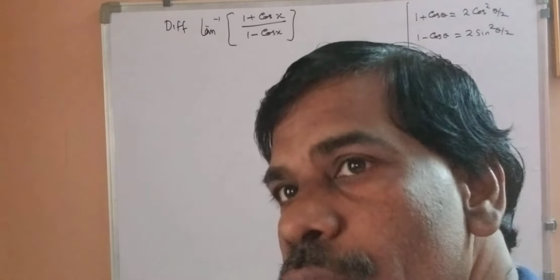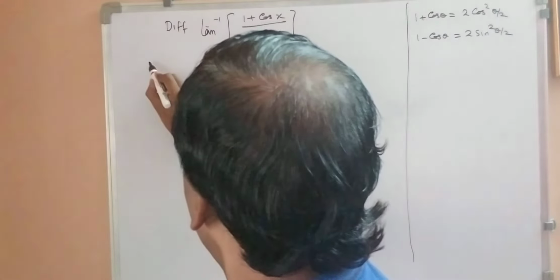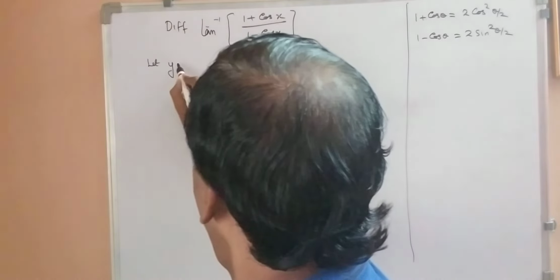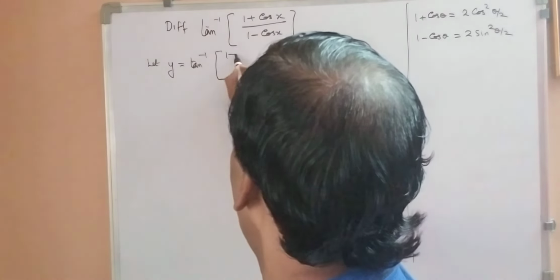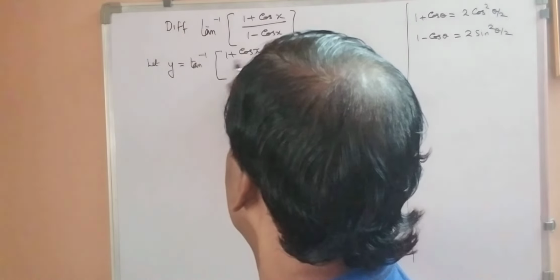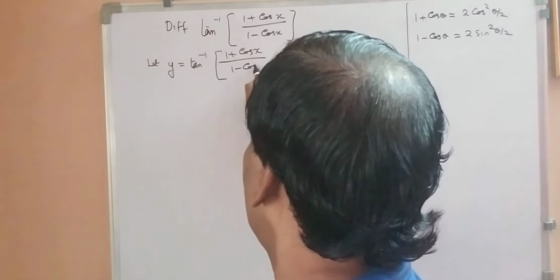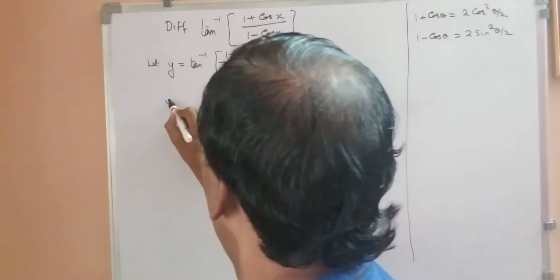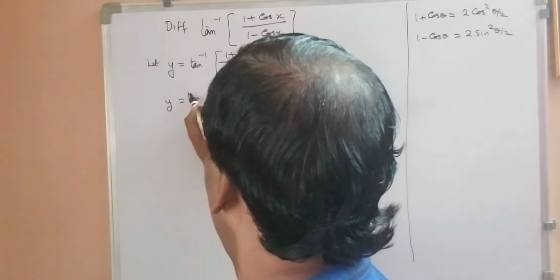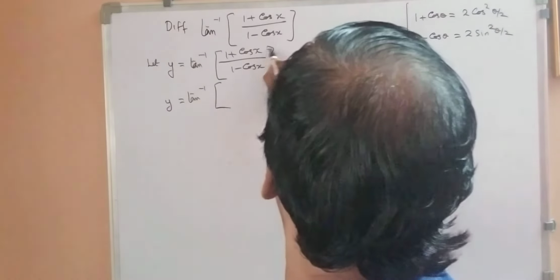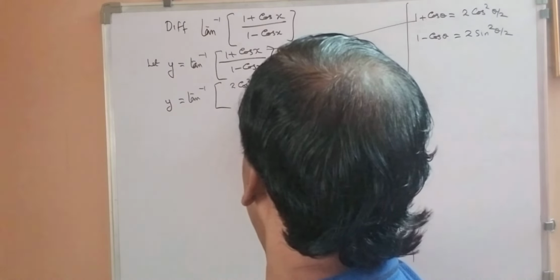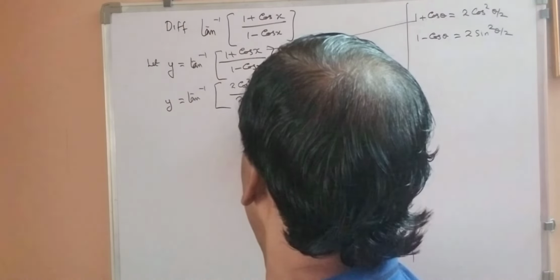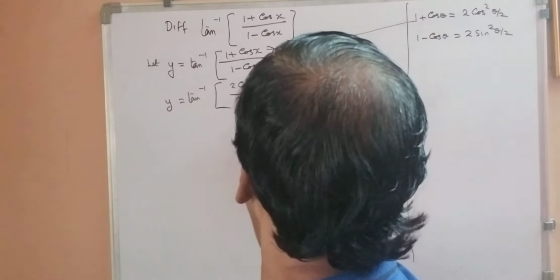These are the two formulas which you are going to apply here. Let y equal to tan inverse of (1 plus cos x upon 1 minus cos x). So y equal to tan inverse, apply this, 2 cos square x by 2 upon 2 sin square x by 2.